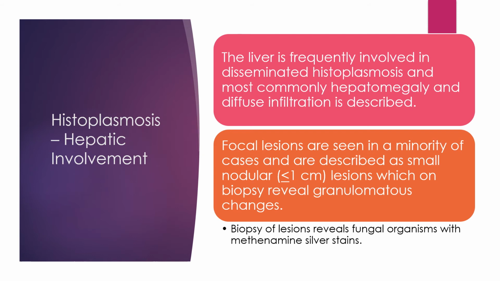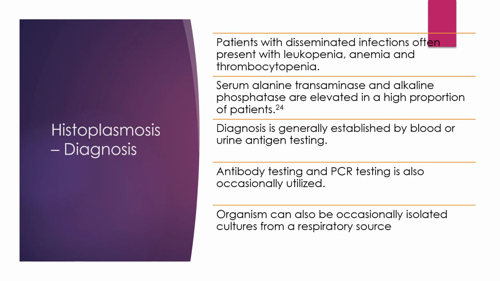and otherwise there are other methods of diagnosis aside from visualizing the organism, which involves checking for a urine or blood antigen test. An antibody test can also be useful and be used to see if someone has been previously exposed, and sometimes can lead you to a suggestive diagnosis.